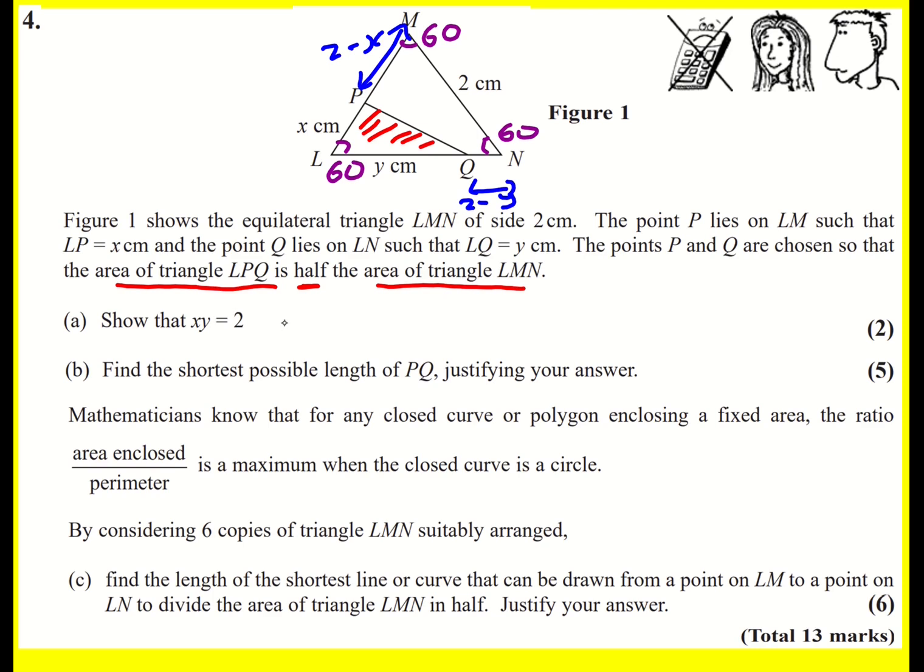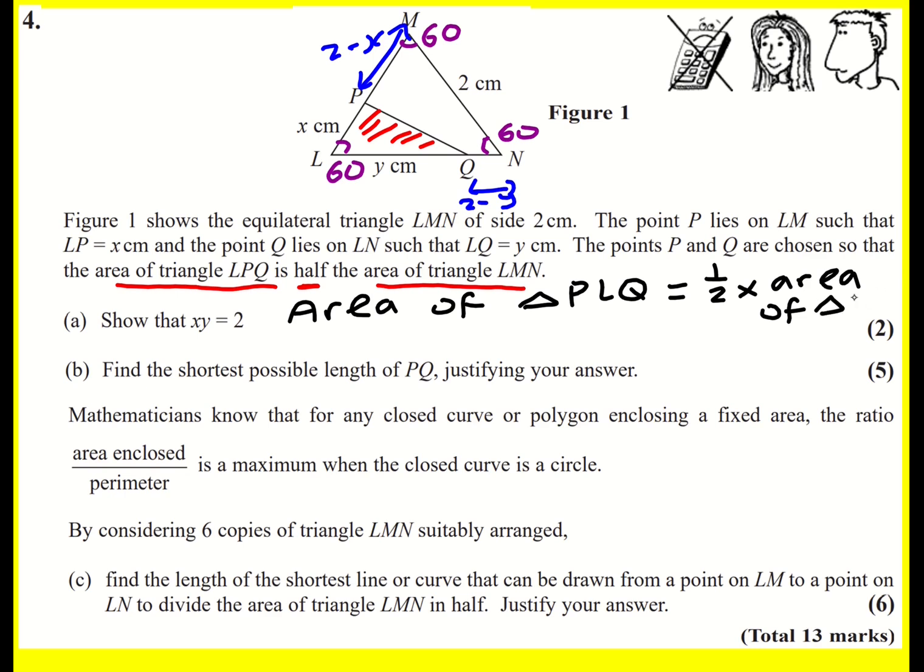So I can say that the area of triangle LPQ, that's the same as PLQ, is equal to a half times the area of triangle LMN.